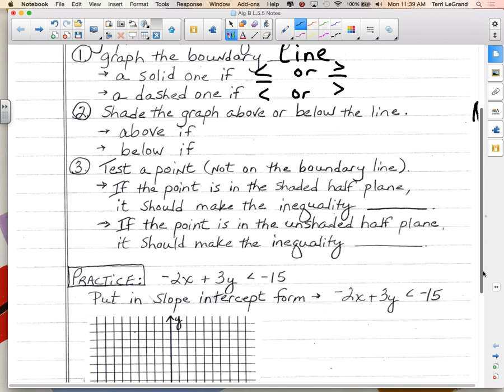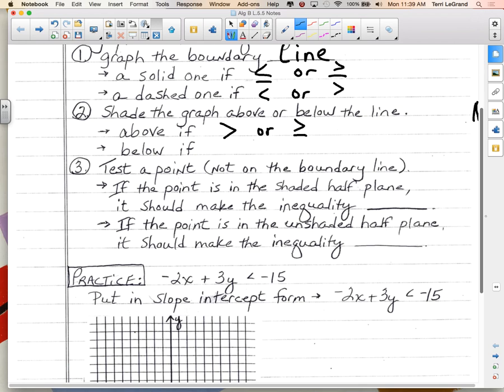When you have an is greater than, when you do your test point, it should turn out that the shading ends up above the boundary line. And we could say or, if it has that symbol, because that also has the is greater than part. It's the is greater than part of the symbol that ends up having it be shaded above.